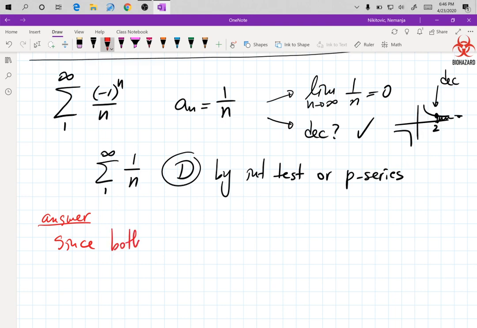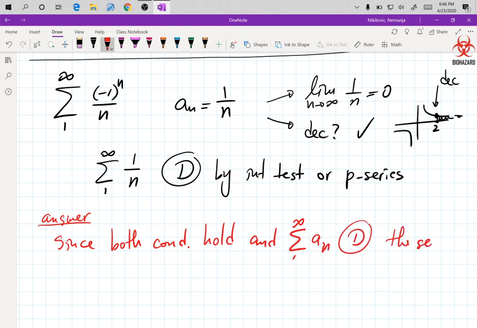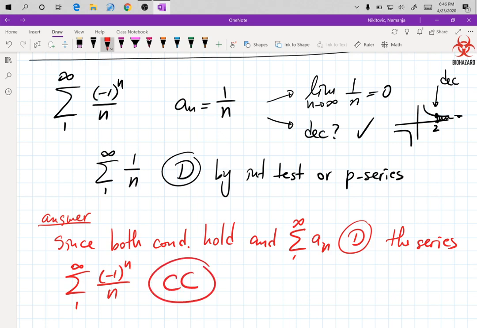Since both conditions hold and the series of a_n diverges, the series summation of negative 1 to the n over n from 1 to infinity converges conditionally.